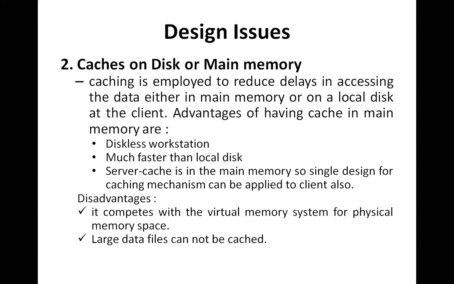So what we can do is cache in the form of blocks, not the whole file, but blocks. But this block-oriented caching scheme is also very complex, and it is going to impose load on the file servers.